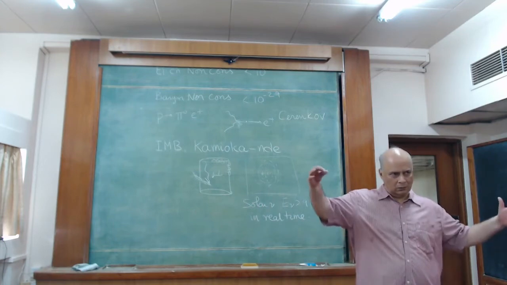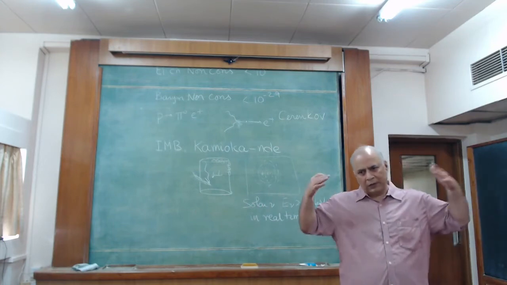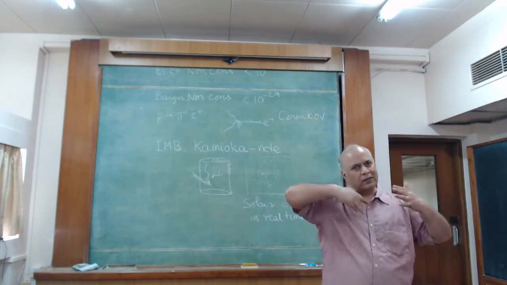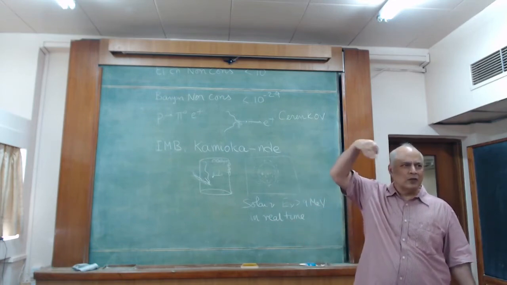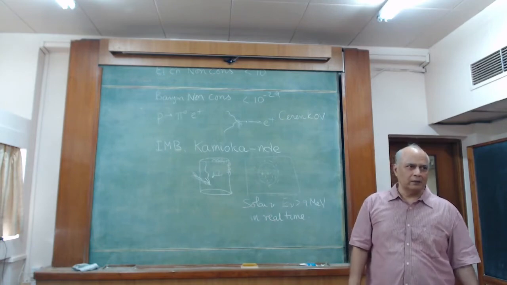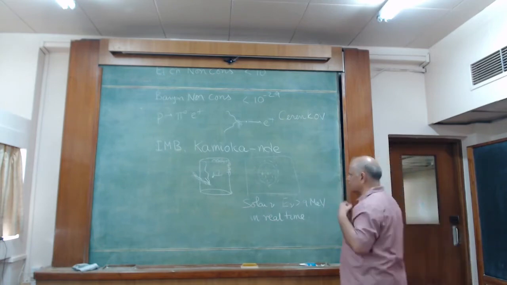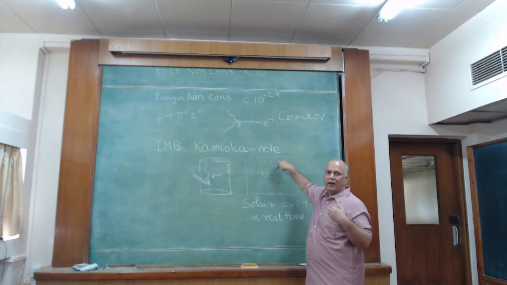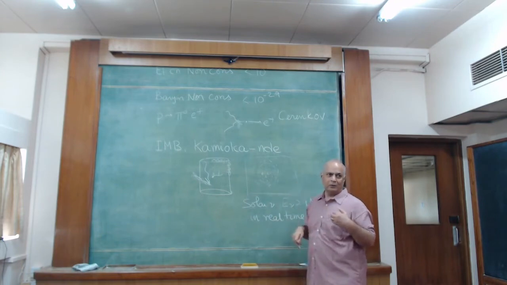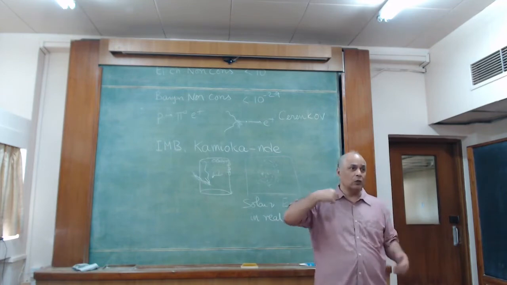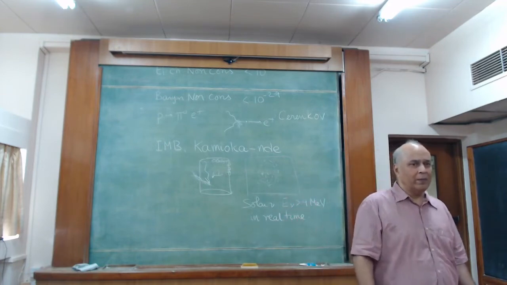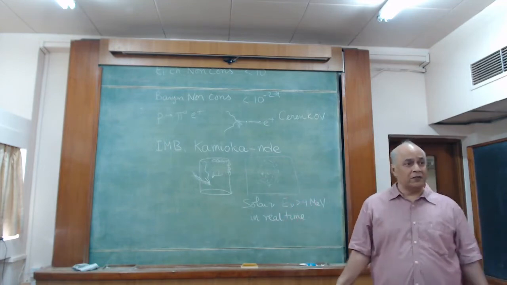But there you are not seeing the neutrinos as they are coming, so to speak. You are seeing the after effect of the neutrino interaction in the detector. But here the neutrino is coming, knocking an electron off from one of the water molecules, and you are detecting that electron. So in that sense, Kamiokande could see solar neutrinos in real time, and they also saw a deficit.